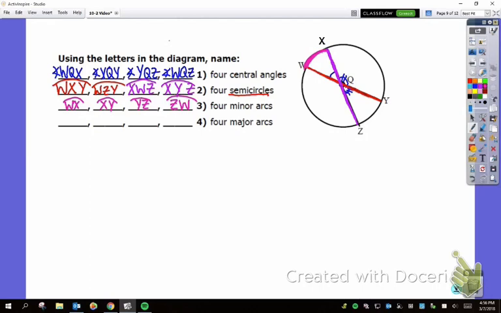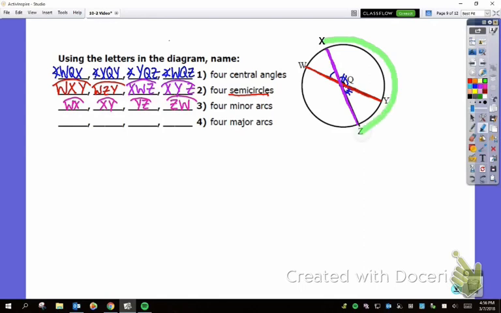Now, major arcs are the hardest ones. We're still going to base our major arcs off of the diameter, but now we've got to go from one point to the other point, and we've got to go past it. Okay, so I'm going to color code as we go, just to keep us all on the same page. So if I want to go along the diameter that's purple, the X to Z, if I start at X and go to Z, that's 180 degrees.